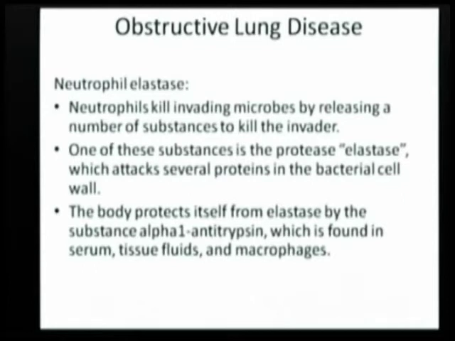And one of these substances is this protease called elastase. And so the problem is, of course, the elastase destroys the protein in the invading bacteria, but it can also destroy the protein in the bronchial walls. And so the body secretes an enzyme called alpha-1 antitrypsin to protect from that.